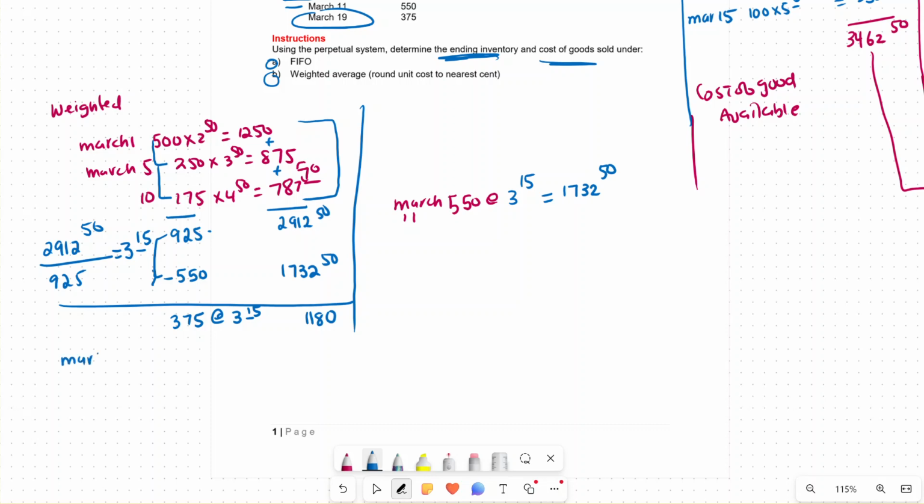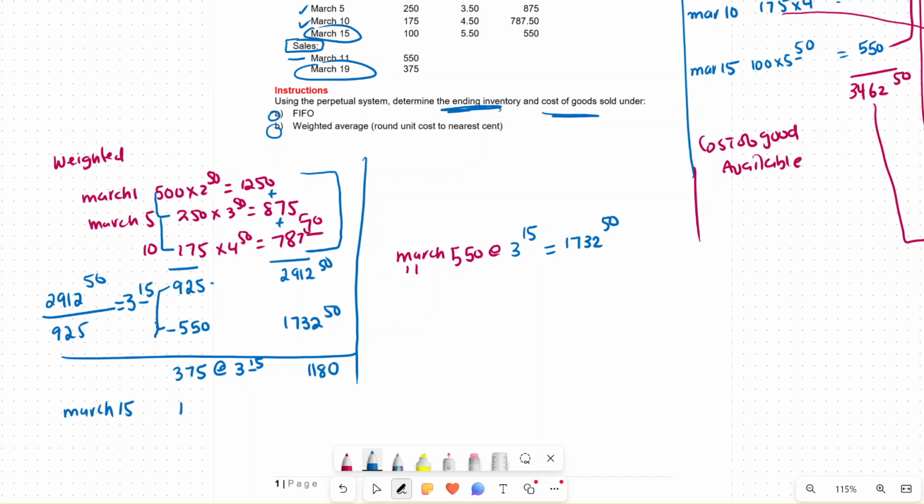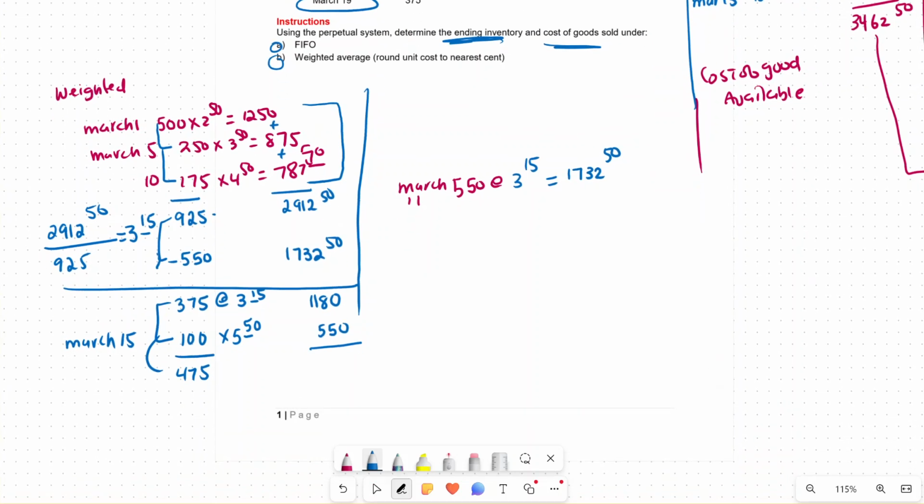My next purchase is March 15th. What did we do on March 15th? We purchased 100 units at $5.50. The value is $5.50. So I'm going to add up these units. That is my units available, and if I add up these two numbers, it will give me the cost of these units. So that will be $7.30.